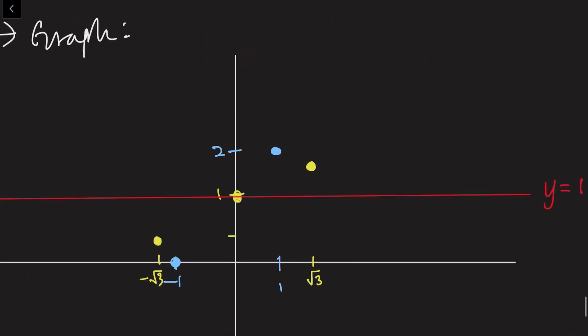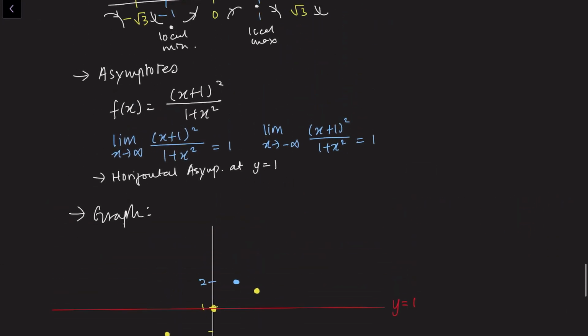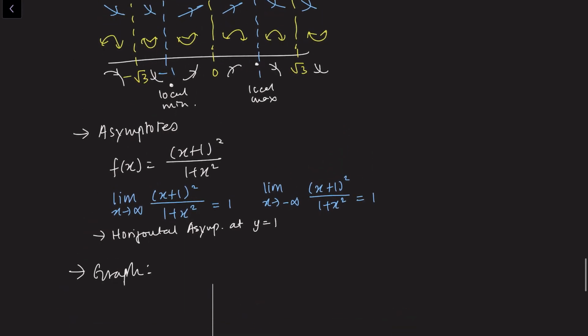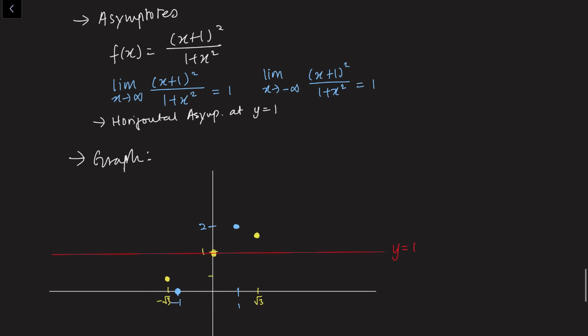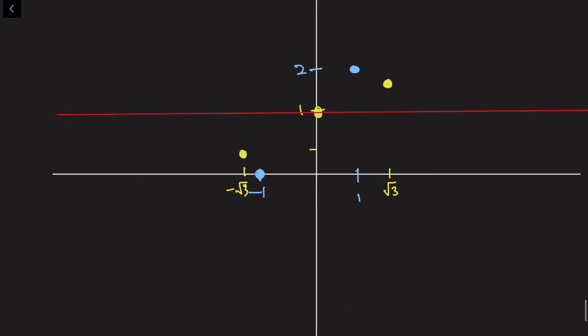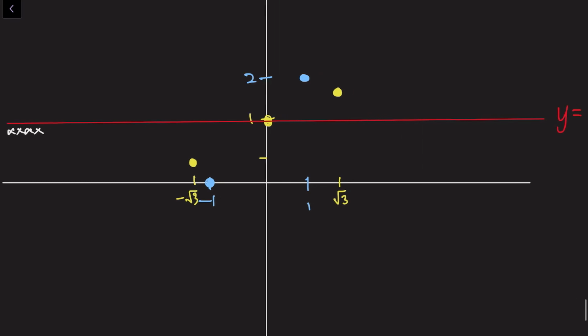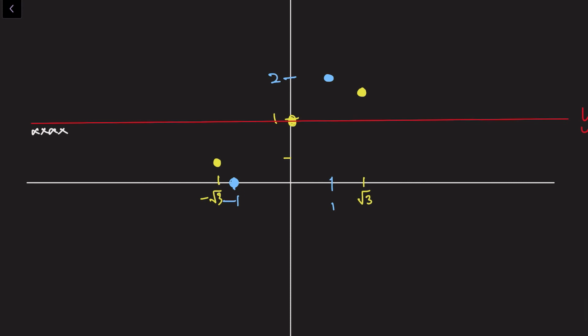So now, time to sketch. From negative infinity to negative root 3, it is decreasing and concave downwards. Take note, from negative infinity it will approach the line y equals 1, because it is a horizontal asymptote.